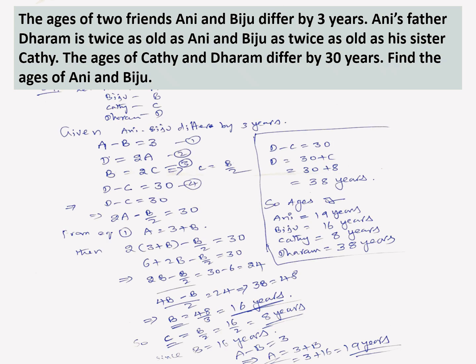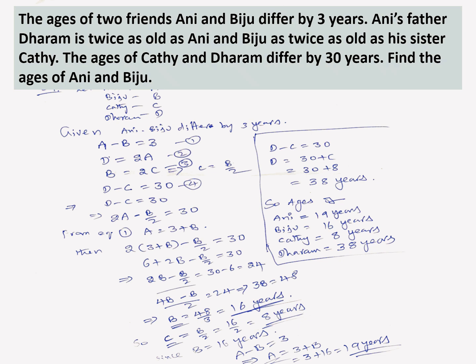Given Ani and Biju differ by 3 years. Consider Ani is elder. The difference between Ani and Biju is 3, so A minus B is 3. Ani's father Dharam D is twice as old as Ani, so D equal to 2A.